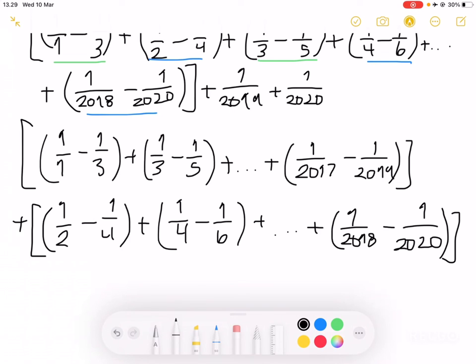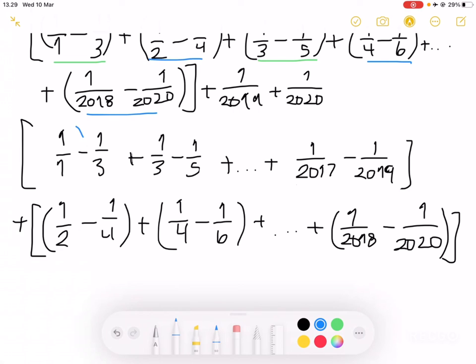Alright, so notice if you remove these brackets, since we know we can just remove the brackets if it is addition, you can see that some cancellations are going on right here.